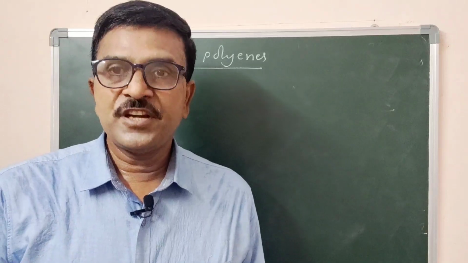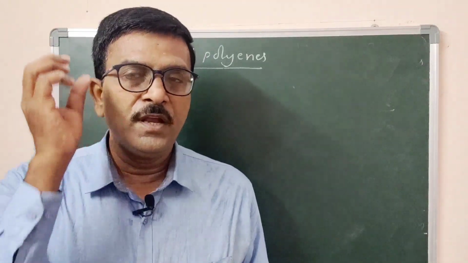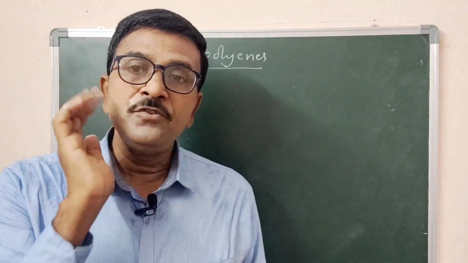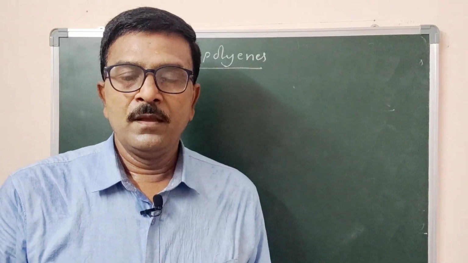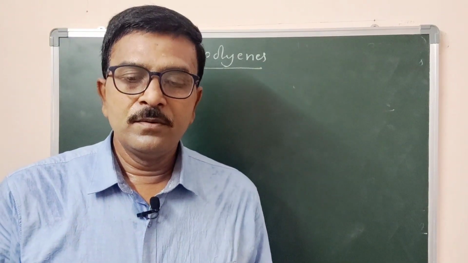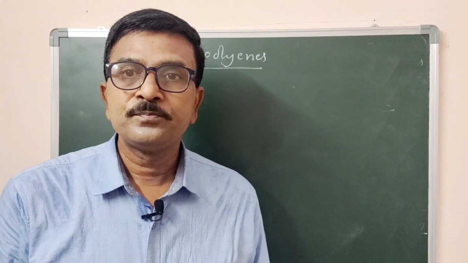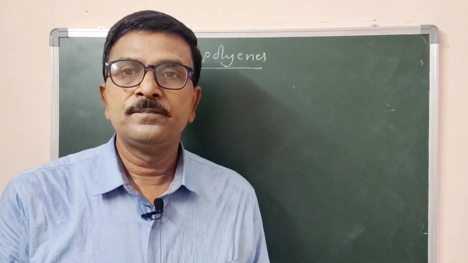A compound which contains more than 4 conjugated double bonds is called a polyene. For polyenes, Woodward-Fieser rules are not applicable.